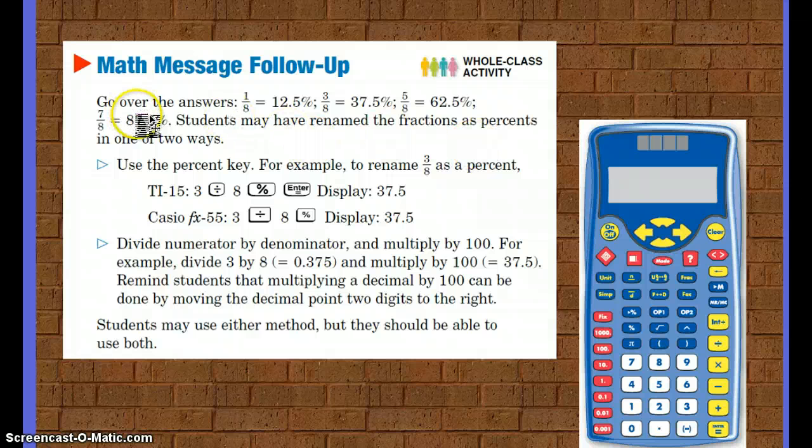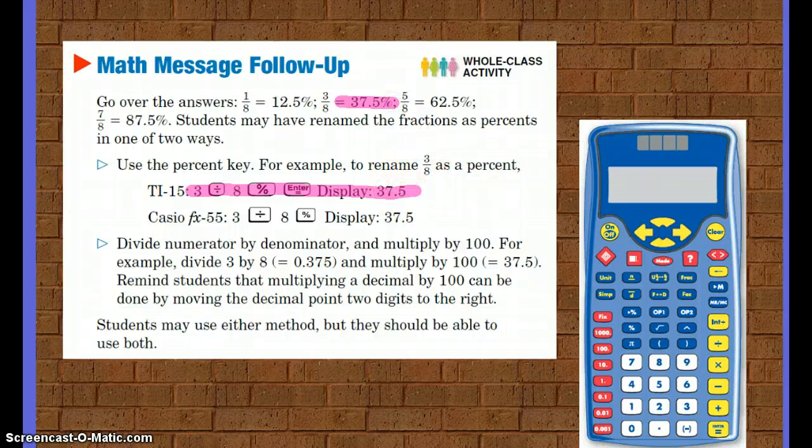Alright, let's look at this. If you had 3/8 and you wanted to change it into a percent, how would you do it? Well, on your calculator, you would first write 3 divided by 8, hit your percent key, then the enter button, and you should see it's displayed as 37.5. 37.5, you should know, is 37.5%.